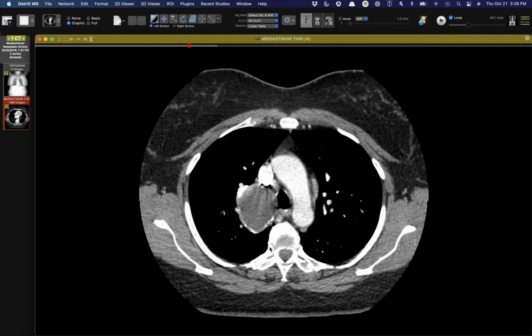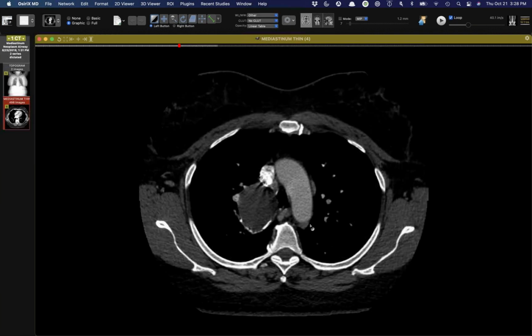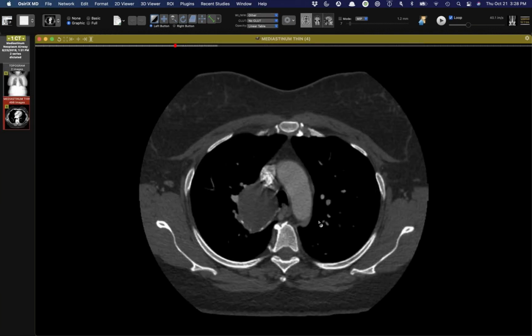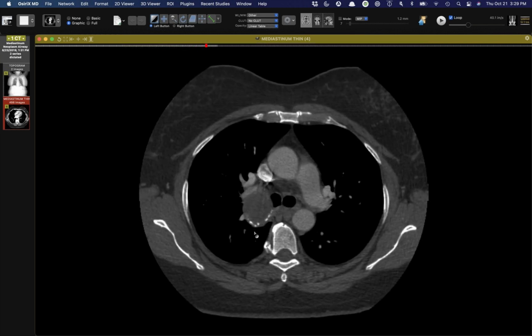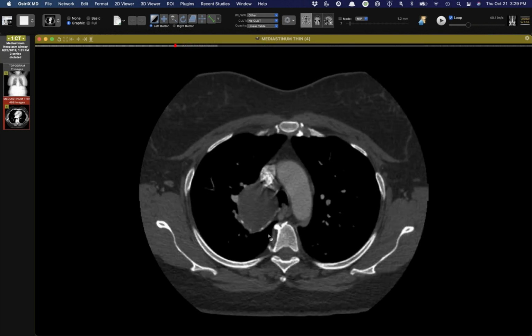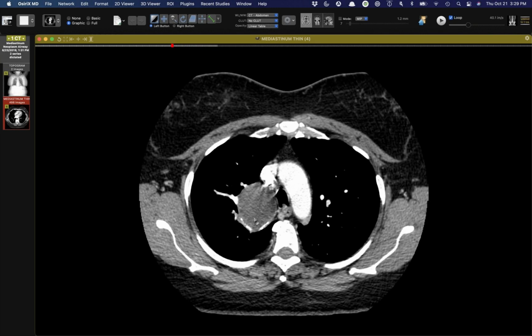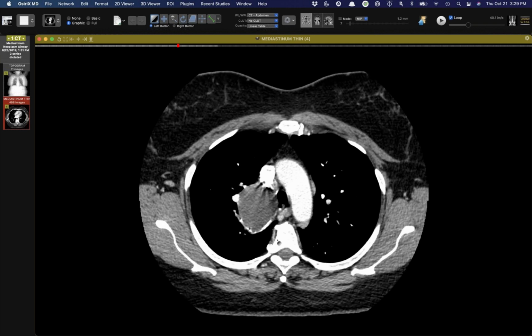And there's some areas of calcification along the dependent portions. Now, I don't know if this is milk of calcium, if it's just layering in here, or if it's actually calcium in the wall. There might be a fleck right there. But they did take this out, and this was a foregut duplication cyst in the right paratracheal region.